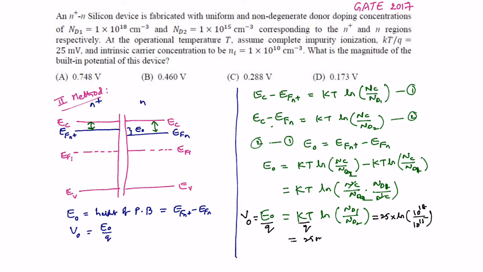So it is 25 millivolts into natural logarithm of 1000, that is equal to around 0.726 volts. So the right option for this one is D again. You can do it using either second method or first method. So in both cases the right answer is D itself, definitely.